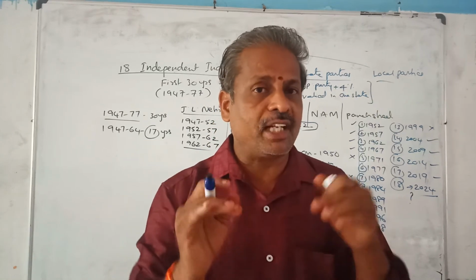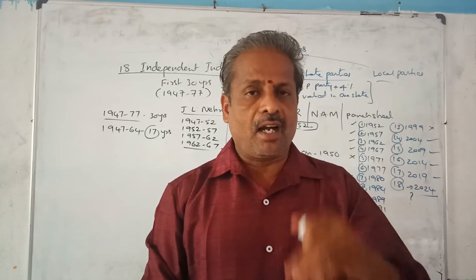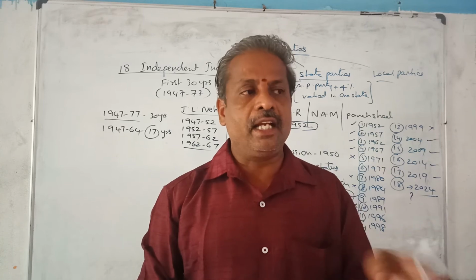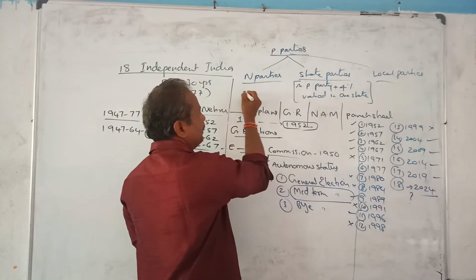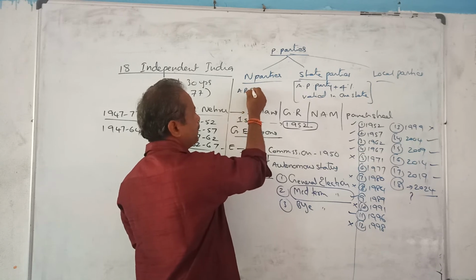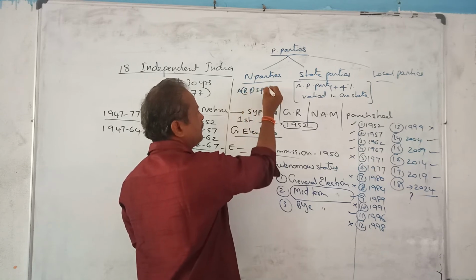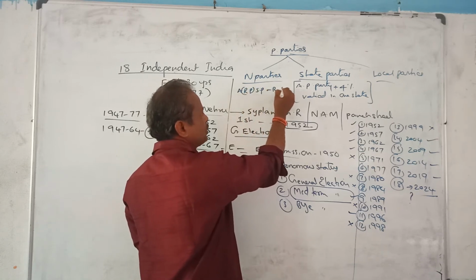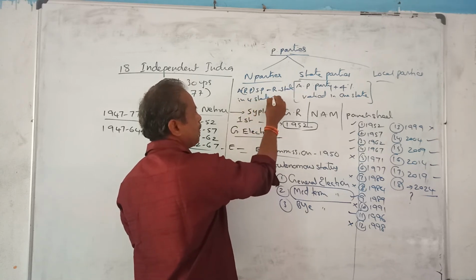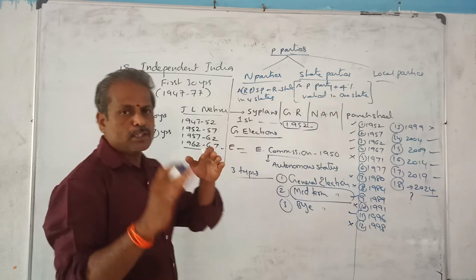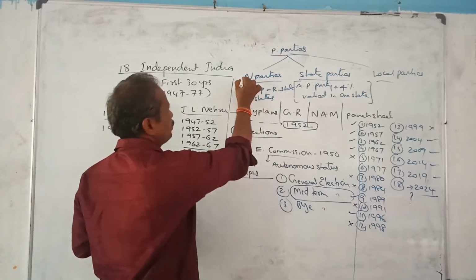Suppose the same party is recognized as a state party in 4 states, it is called a national party. For example, a regional party or a state party recognized as a state party in 4 states is called a national party.